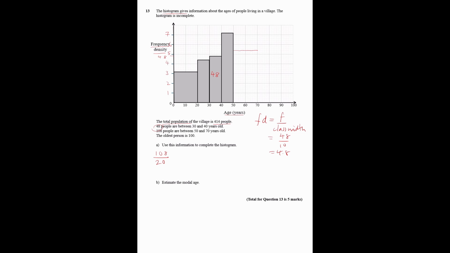Where's the ruler? Right. So that's the 108 people there.